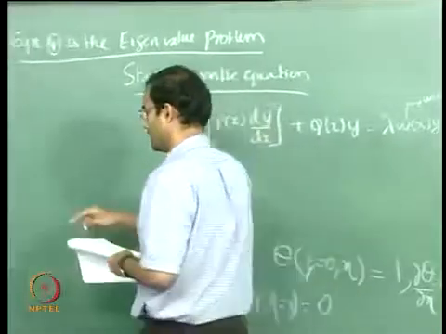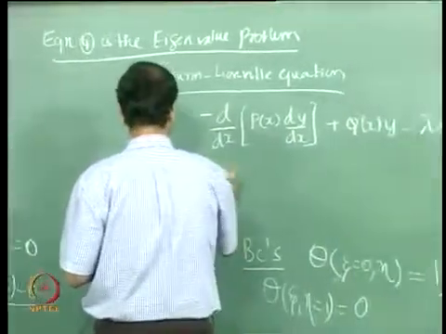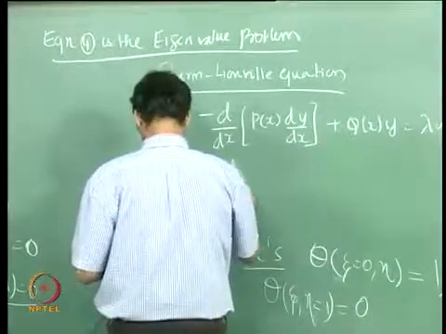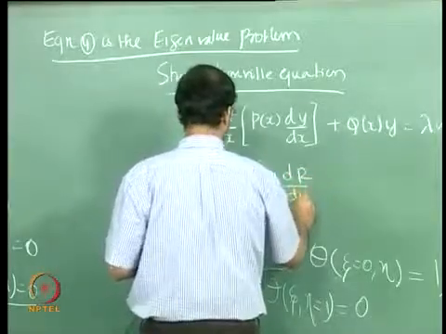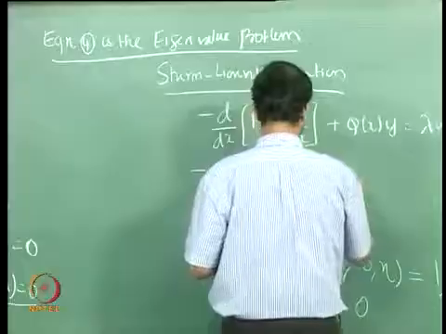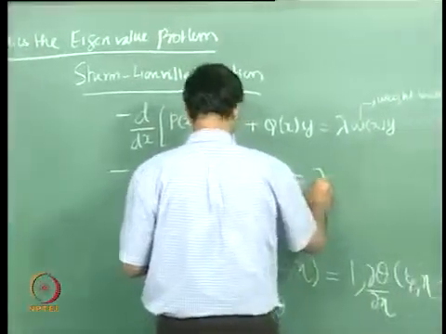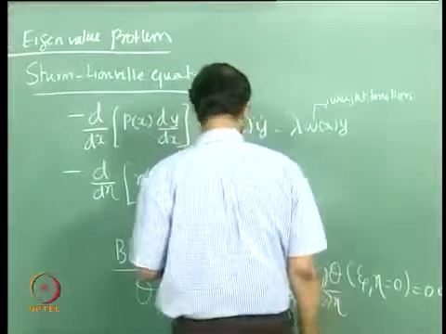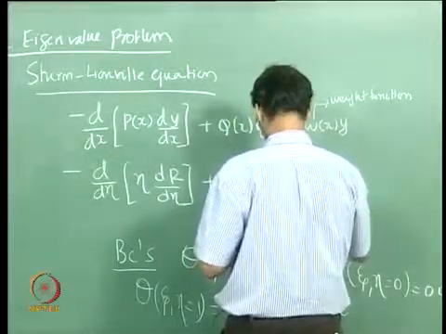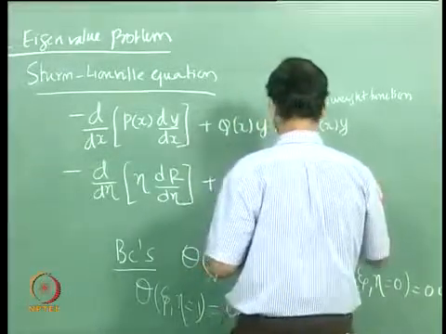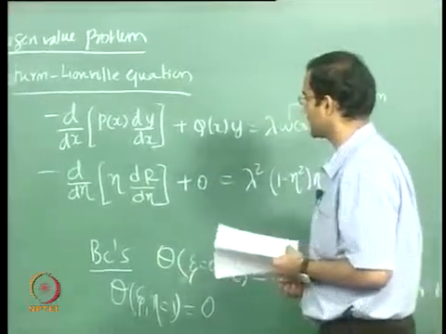So for this case you can put it as minus d by d eta of eta dr by d eta plus 0 equal to lambda square into 1 minus eta square into eta into r. So you just expand and see.